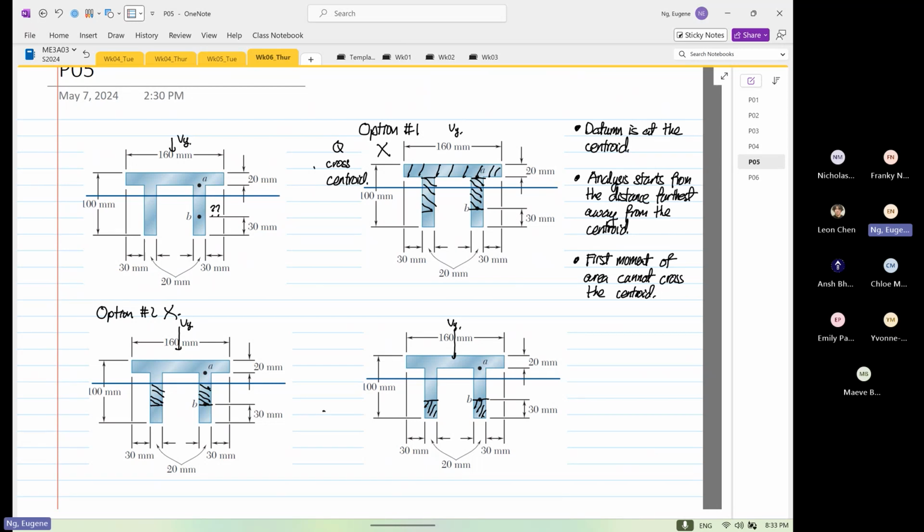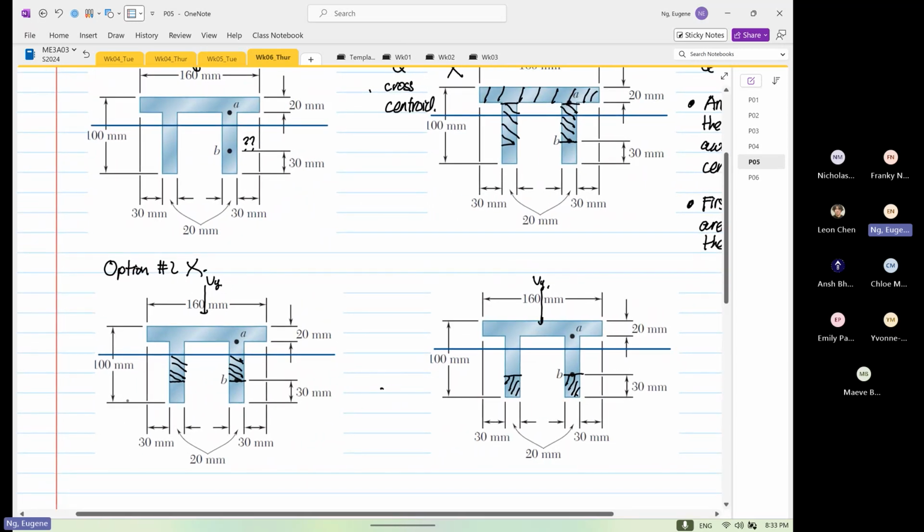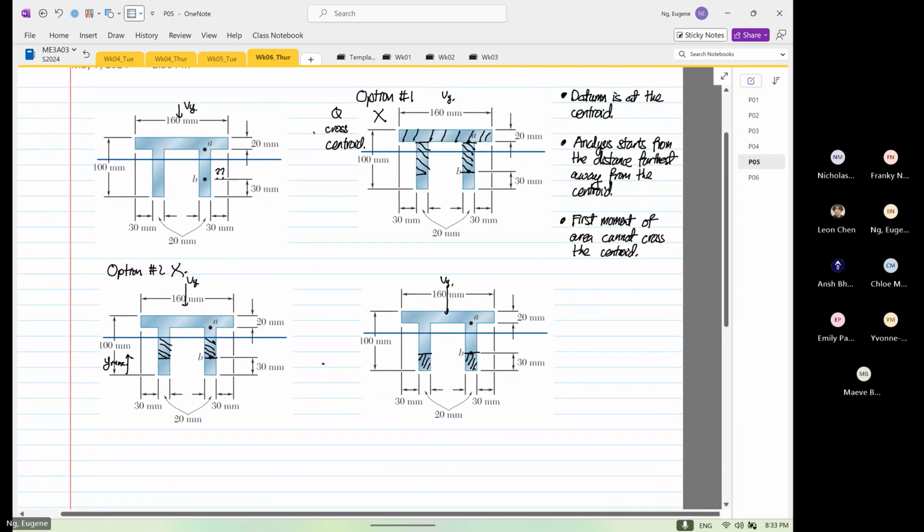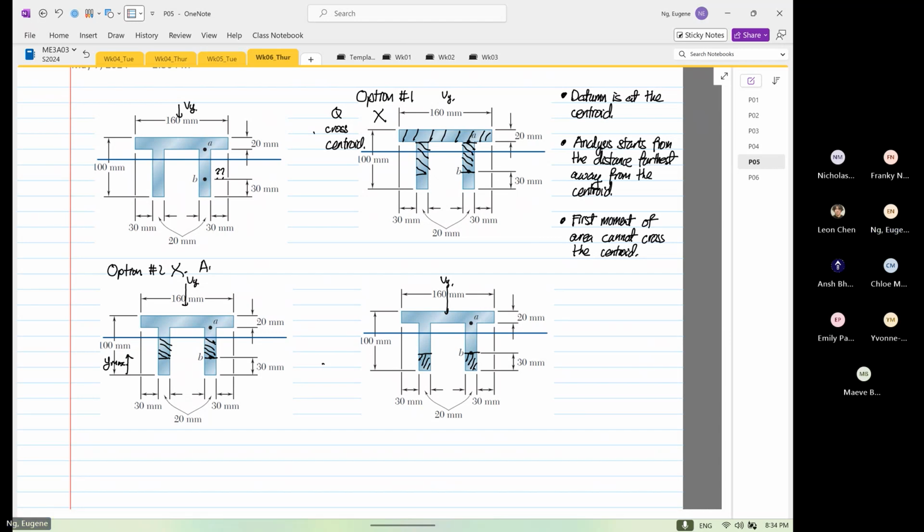So remember what I told you? The analysis has to start from where? Start from Y max. So now the Y max is at the bottom, right? So analysis starts from the Y max. Option 2 did not start from Y max. So that's why it failed.